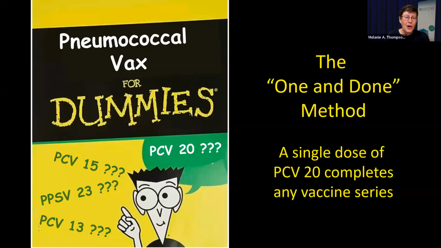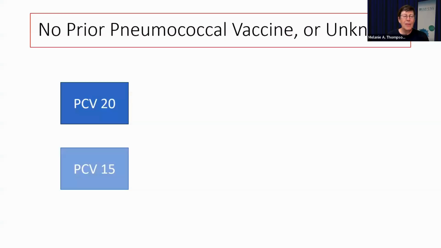Next. So this is really complicated, and there's sort of an alphabet soup. And so I want to talk about what some people are calling the one and done method, using a single dose of PCV20 to complete any vaccine series. So here we are with someone who has no prior pneumococcal vaccines or unknown vaccines.